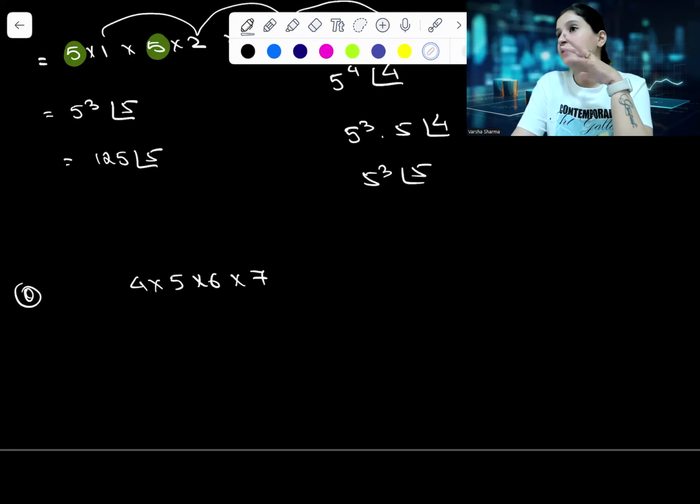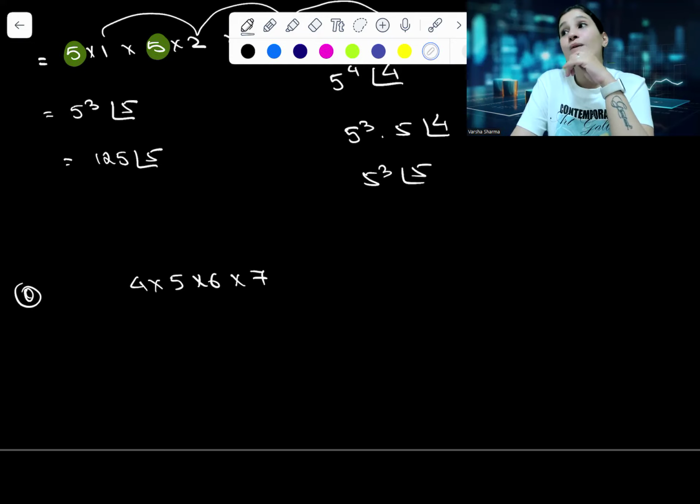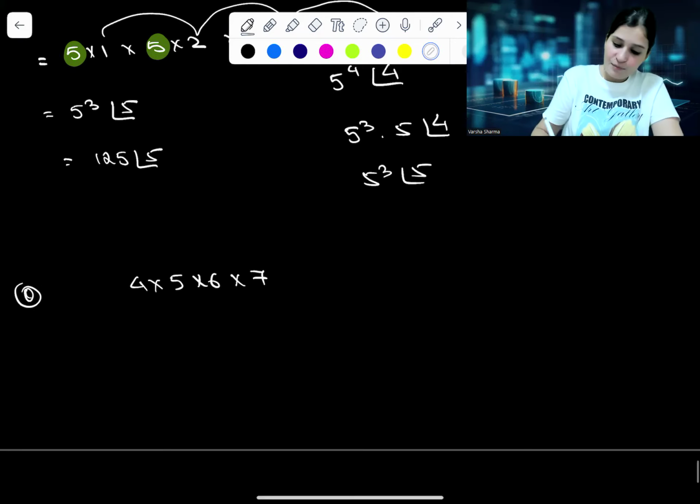See, 4, 5, 6, 7. These are already consecutive. The only thing that is stopping you from writing it as a factorial is the absence of 2 and 3. 1, I can write any which way. If 2 and 3 would have been added, it would have been multiplied, then I would have written it as 7 factorial. So what I'm going to do is put 2 and 3 on my own.